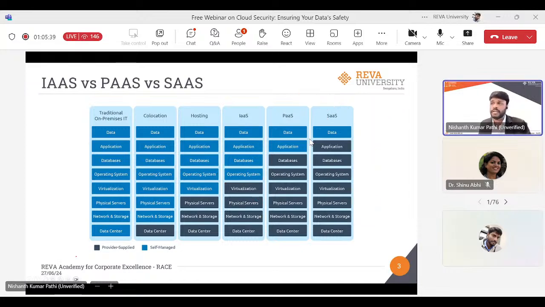And our predominant concept for today is going to be cloud security. So it's important to understand the roles and responsibilities. We also call it the shared responsibility model, where the cloud provider as well as the customer both take some sense of responsibility. I hope that is clear.